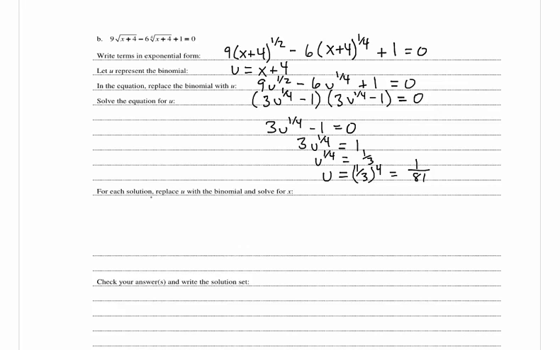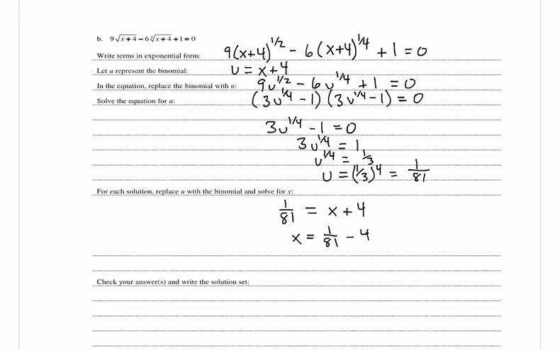Now for each solution, replace u with the binomial and solve for x. So u was equal to x + 4. That means we can say that 1/81 = x + 4. Now we can subtract 4 from both sides, so x = 1/81 - 4.